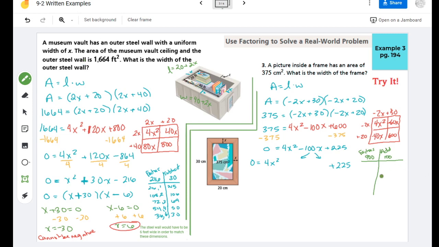Well, I know 9 times 100, right? But that's 109. Is 900 divisible by 8? No. Let's see, is 900 divisible by 7? Nope. 900 is divisible by 6, it's 150.